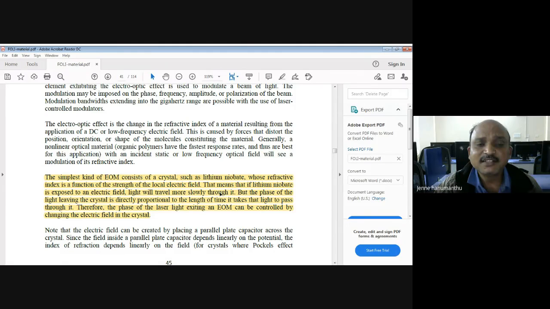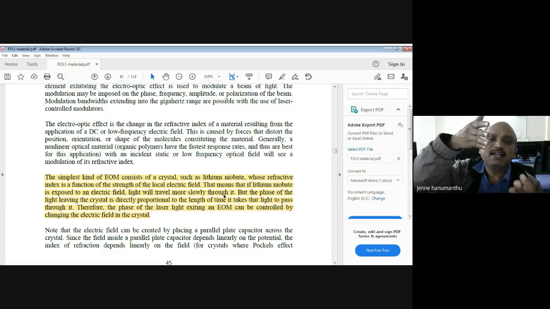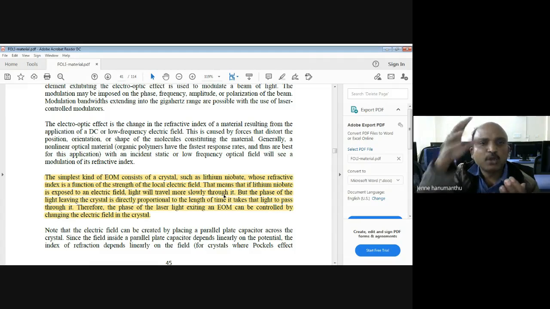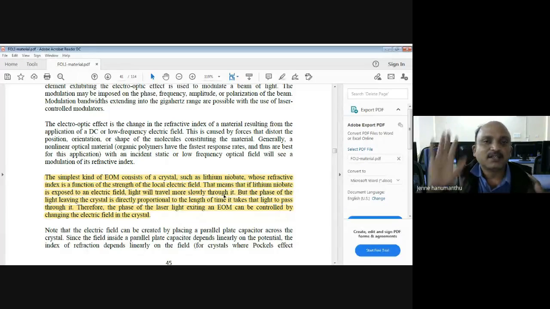Then what happens? If the lithium niobate is exposed to an electrical signal, light will travel more slowly through it. When light falls on the crystal, it will travel very slowly through the crystal.